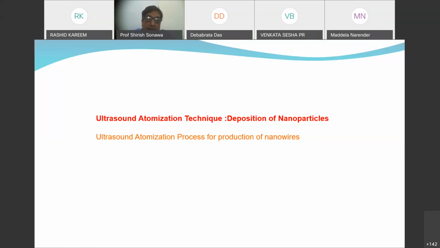But in that case, again, the droplet size is going to affect the morphology as well as the nanoparticle deposition. So to overcome these limitations, it can be done using this ultrasound atomization process.